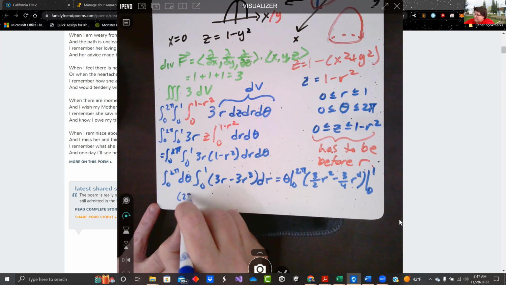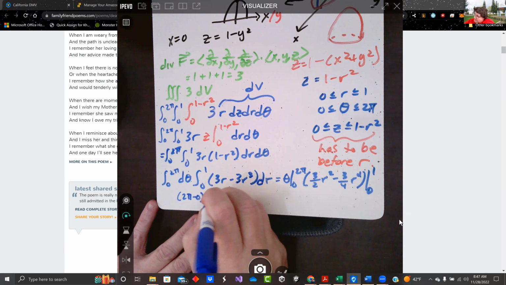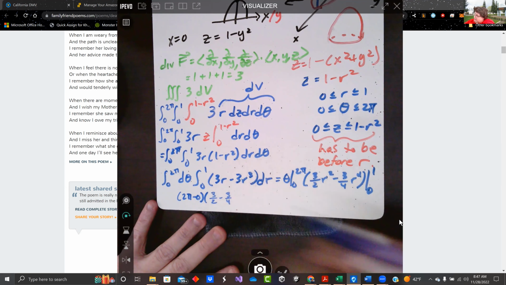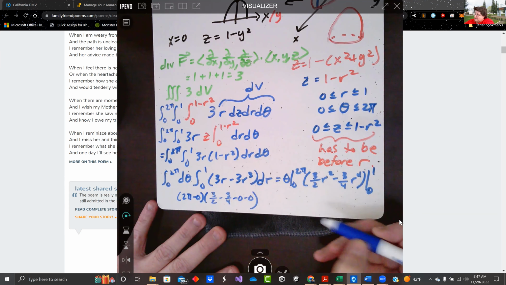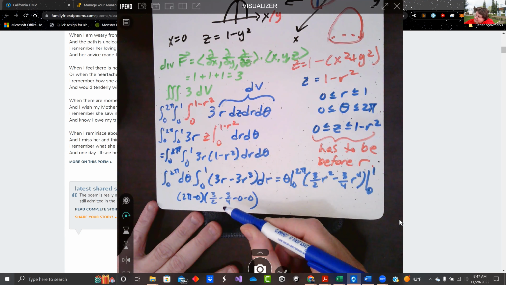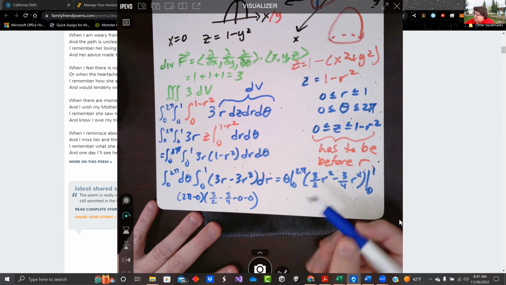So I've got 2 pi minus 0 times 3 halves minus 3/4 minus 0 minus 0. 3 halves minus 3/4 is 3/4, isn't it? Yep.